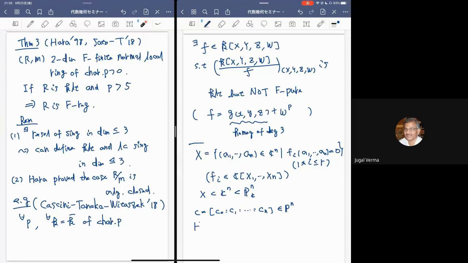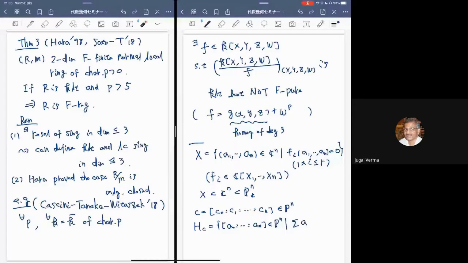H_c is defined to be the set of elements of P^n such that the summation of c_i a_i is equal to 0. So this is a hyperplane.